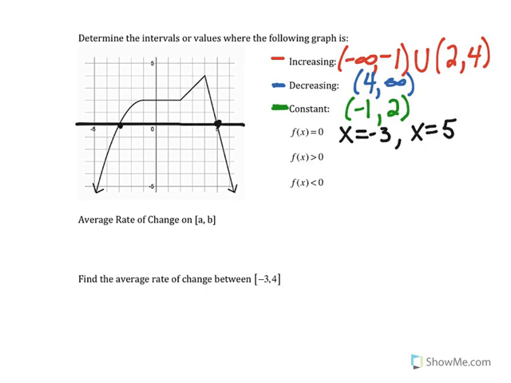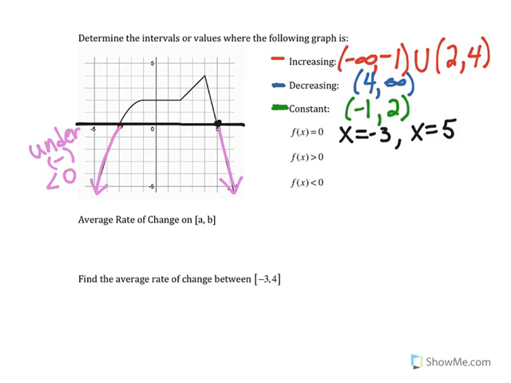So I already used some of these other colors here. I'm going to use purple for everything that's under the x-axis. So if it's under, it's negative or less than 0.